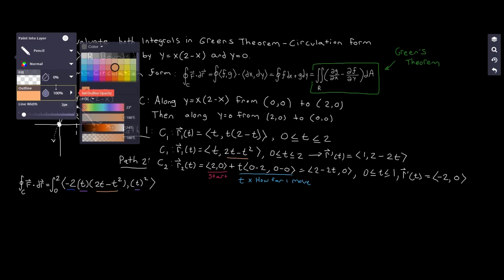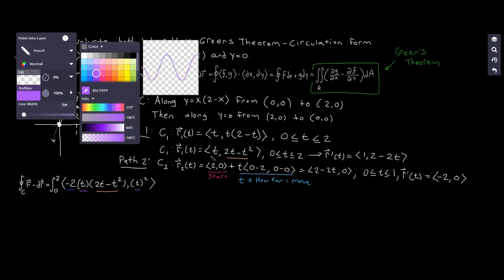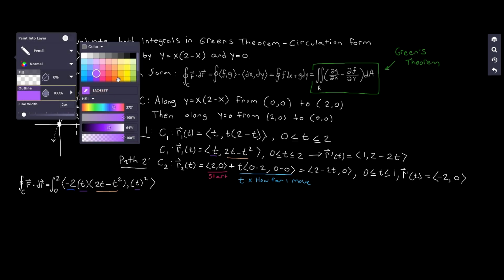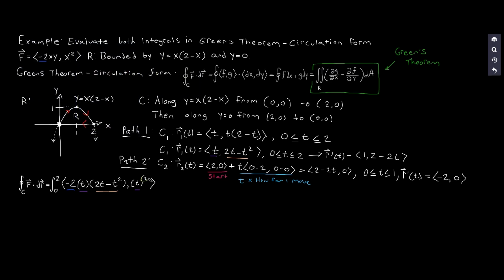Same replacement for x. Y is here, and why is it squared? Well, the squaring is from the square. Why is the y component t squared?